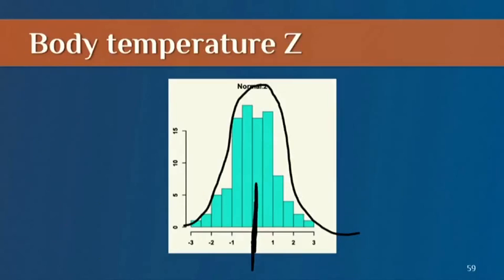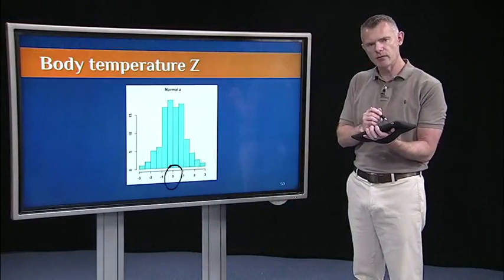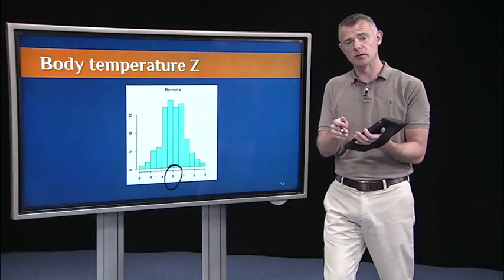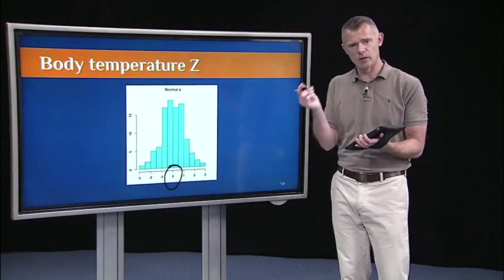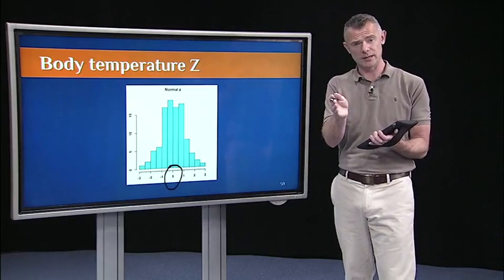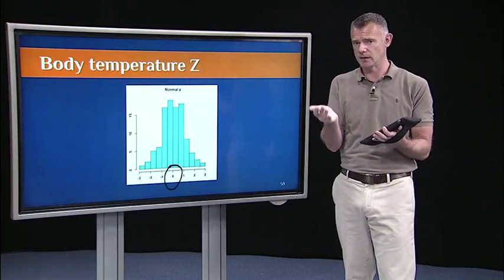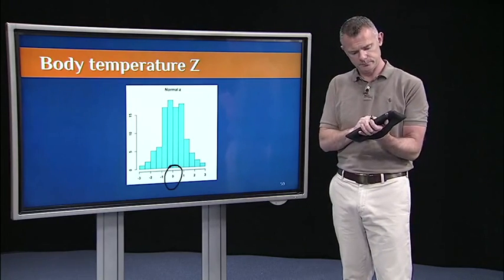And most importantly, the average is 0. So the average body temperature in terms of z-scores is 0. These are the same exact numbers from histogram to histogram to histogram. It's just in degrees Fahrenheit, degrees Celsius, or in z-scores. We just converted them. Direct conversion.